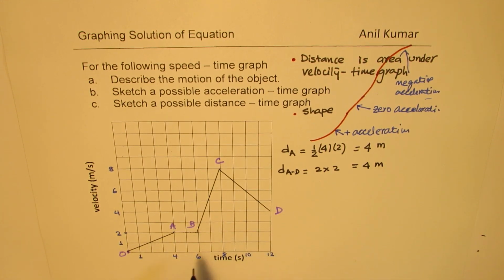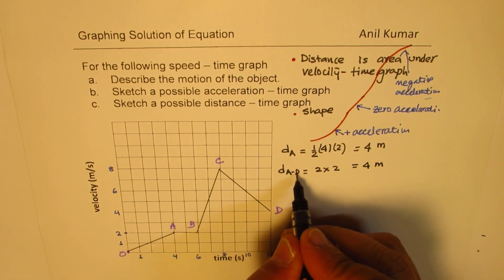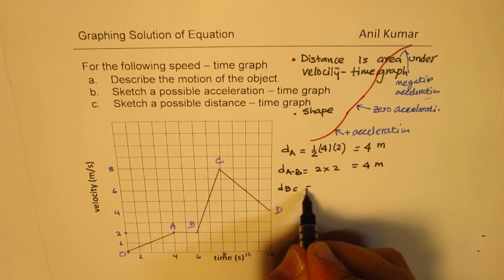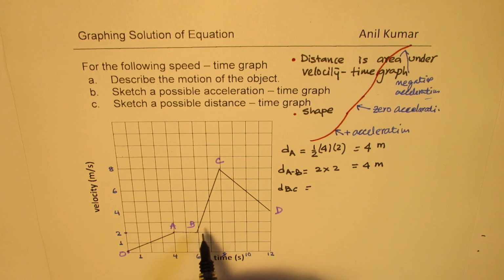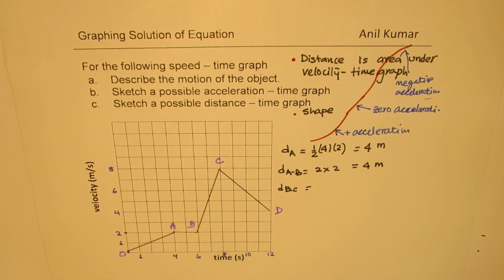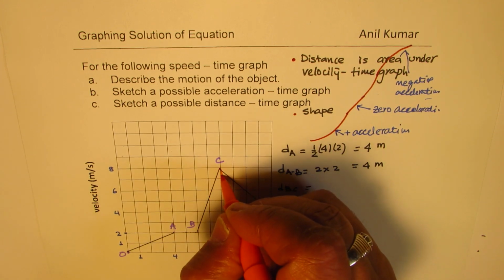Then from A to B, and then from B to C, we are again adding a distance, and that is the area. Now this time you will note that we form a trapezoid.